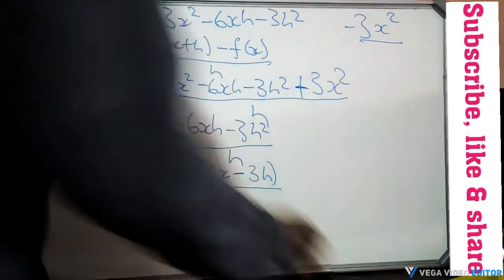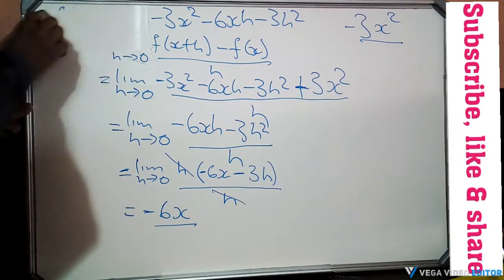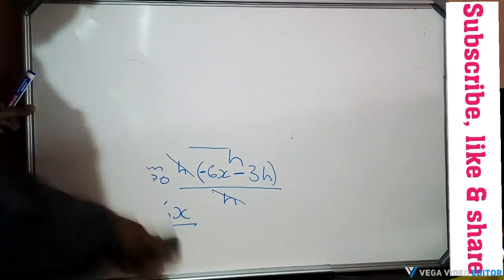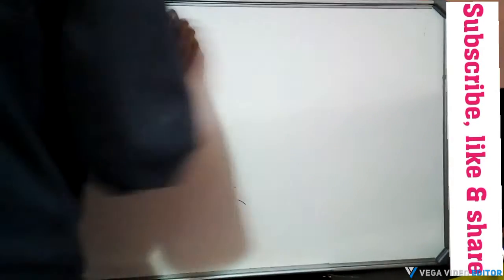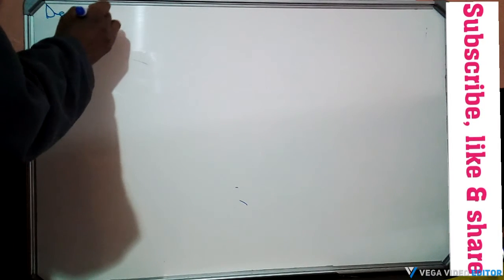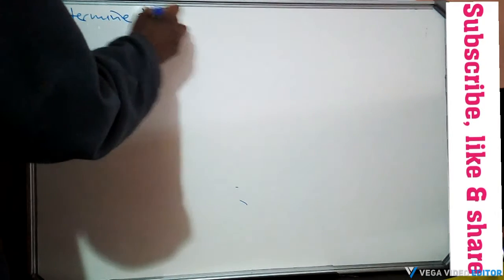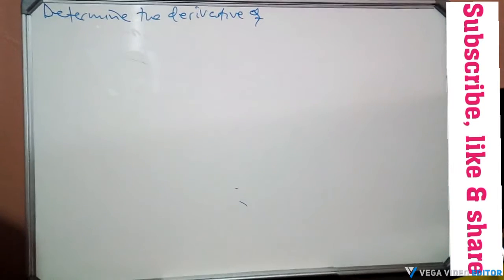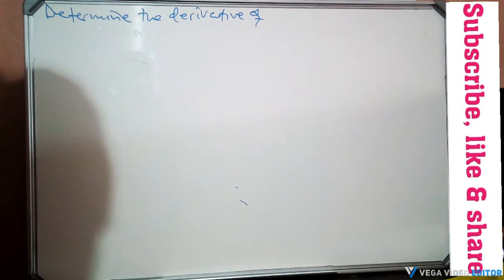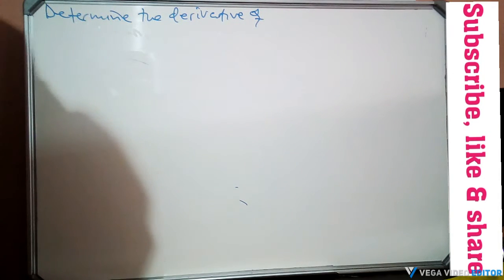Now let us go and look at a more challenging question, which is our question number one. Question number one says, determine the derivative of, let me just get the question.